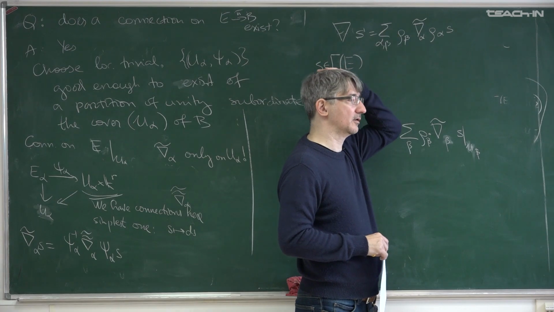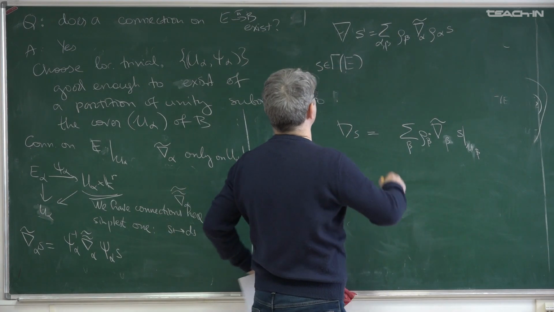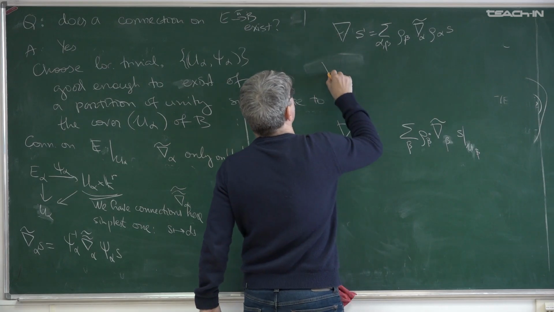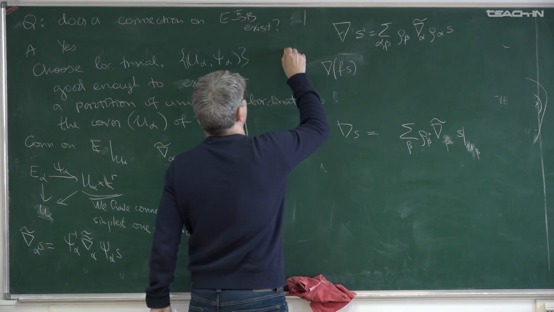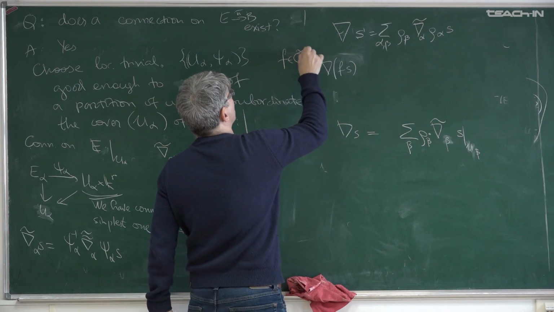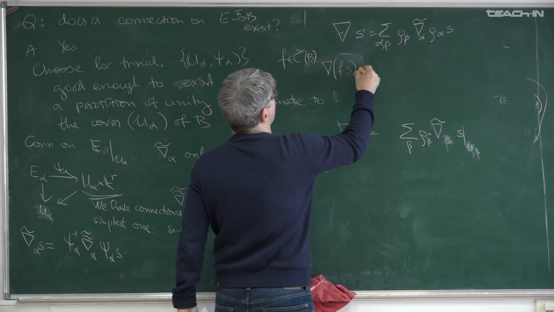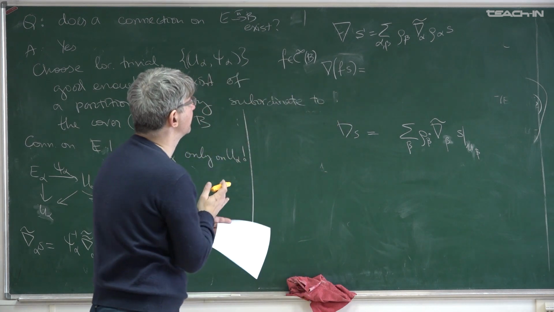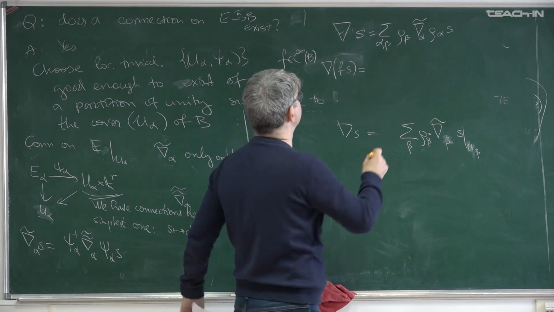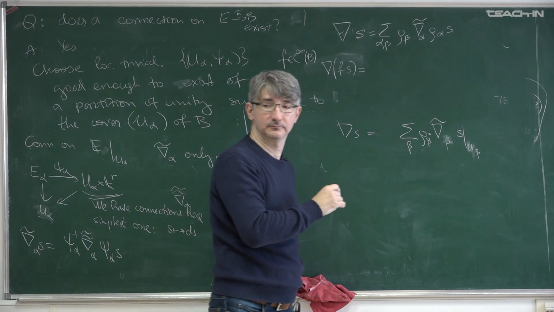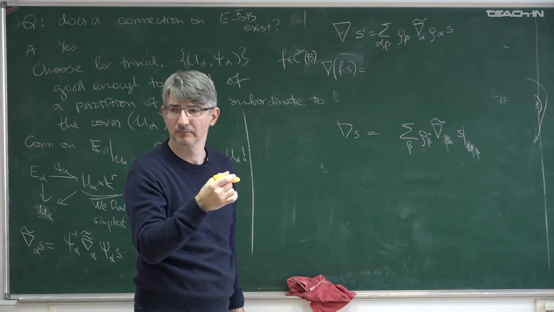I need to check the formula, what happens if I multiply the section by a function f. So f is a function on the base. What happens? So f goes out.